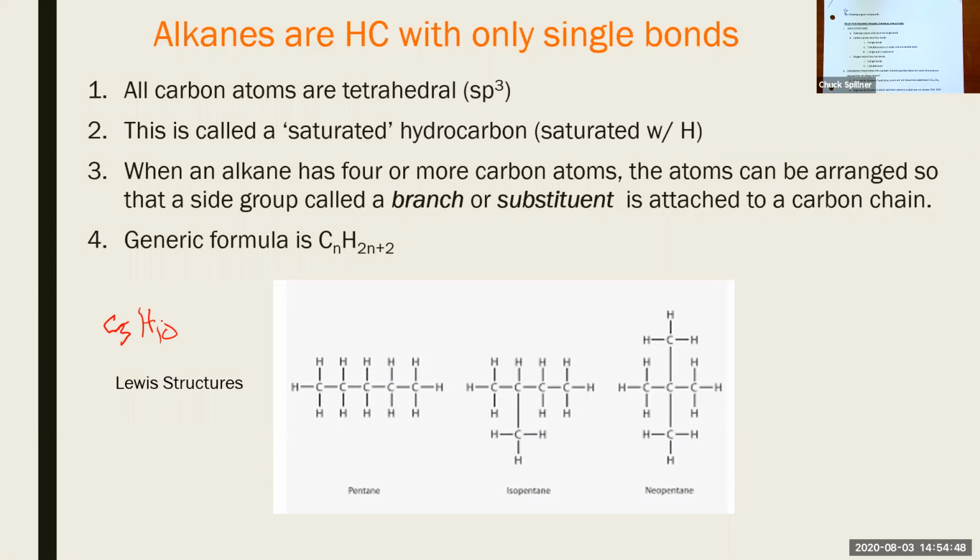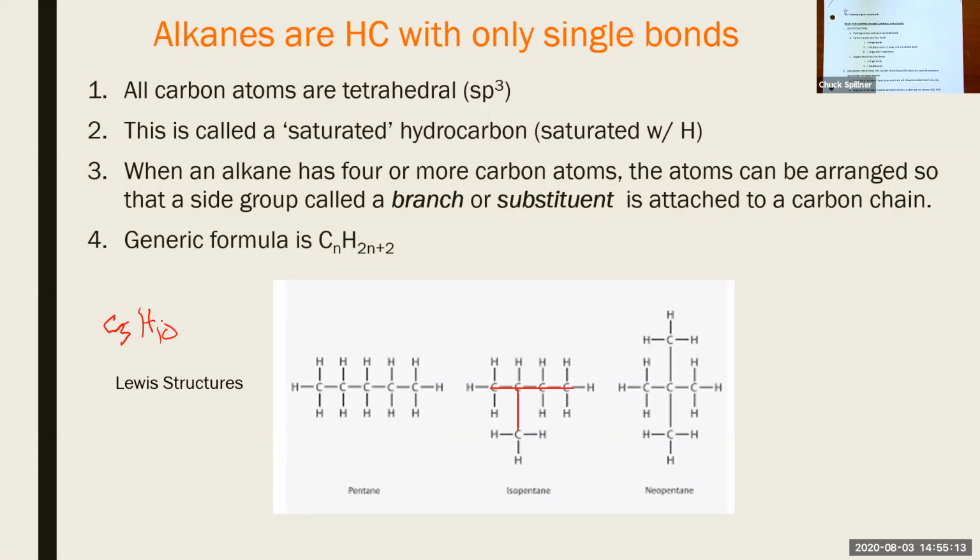So the first one is linear. I don't know if you saw the little red line, but this is called the linear molecule. That's where all the carbons are joined in a straight line, connected one after the other, kind of a bead of carbon atoms. So that's one way you can bond these 5 carbon atoms together.